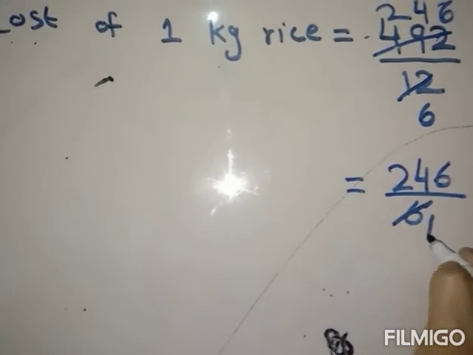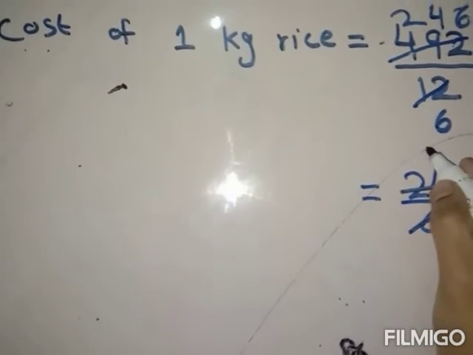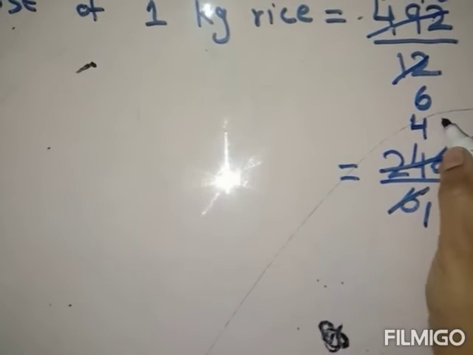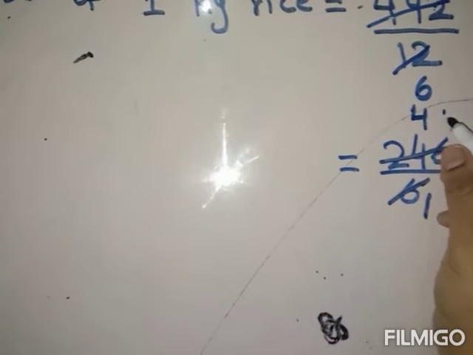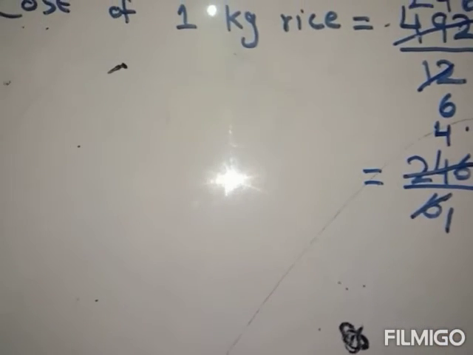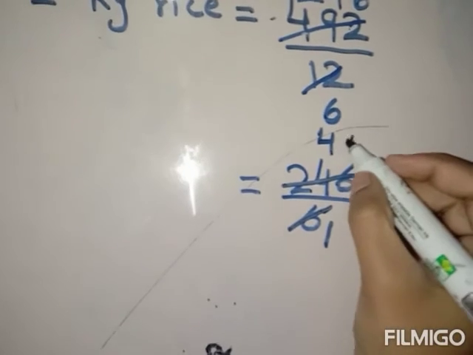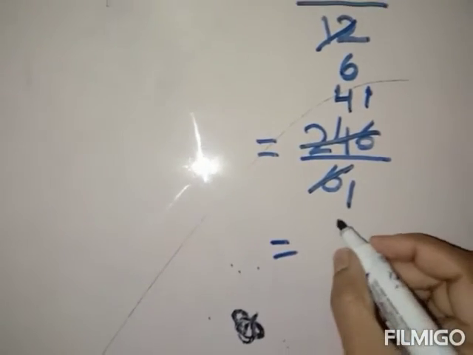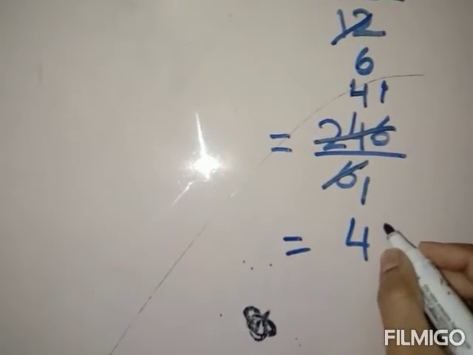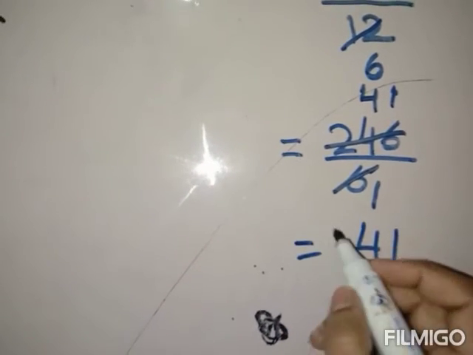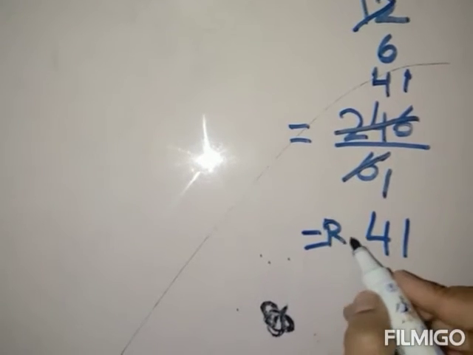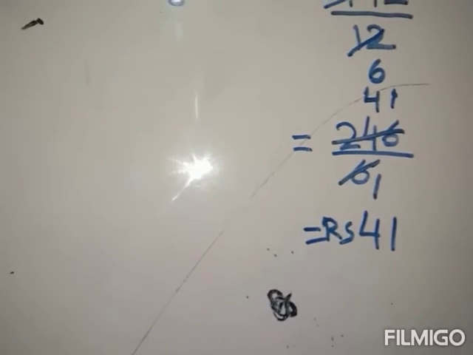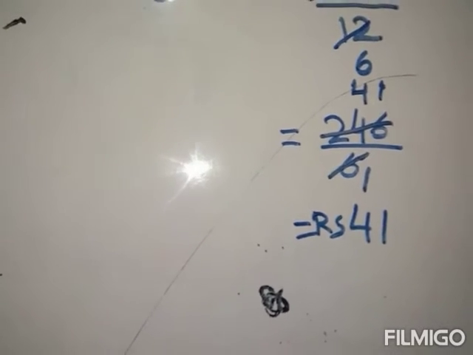Look here, 6 ones are 6, 6 fours are 24, and 6 ones are 6. So our answer is rupees 41. Now we have the price of 1 kg of rice. Now we have to find the cost of 2 kg rice.